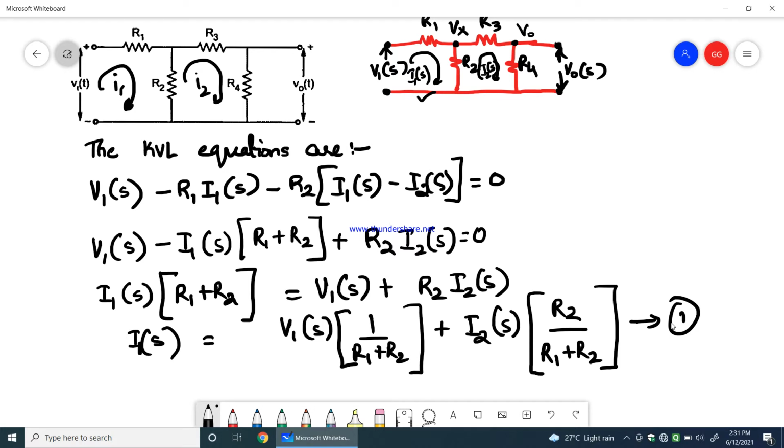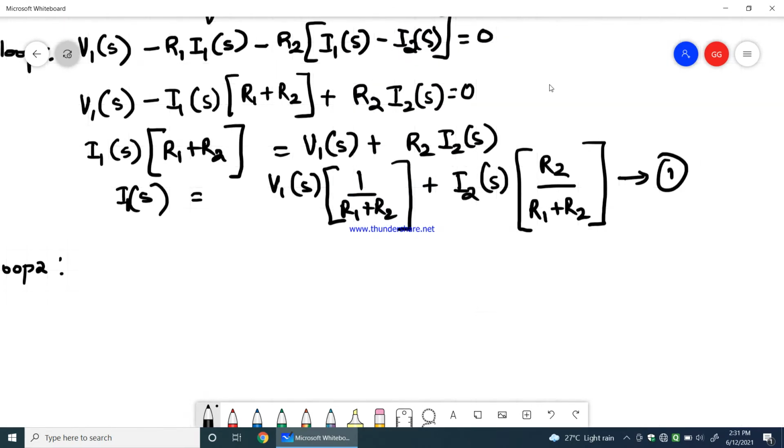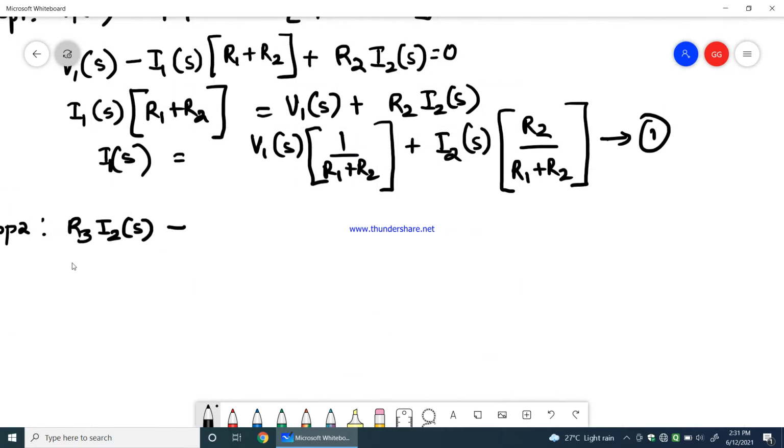Okay, now let me write the equation for the next loop. So this is loop 1, and let me write for the next loop, loop 2. Here in loop 2 I will have R3 into I2 of S, minus R4 into I2 of S, as it is open and I2 of S is the only current that flows through R4.